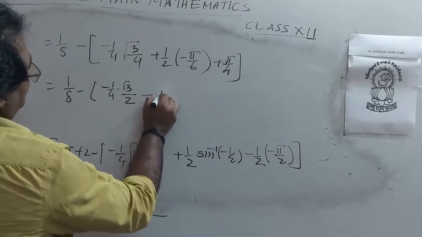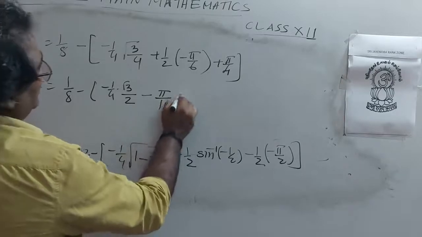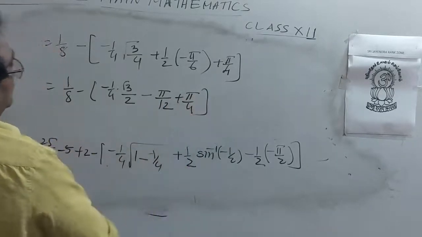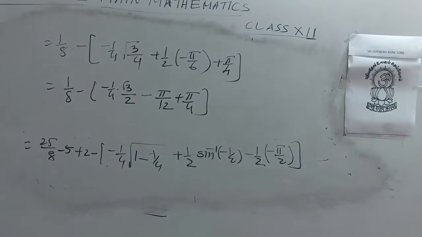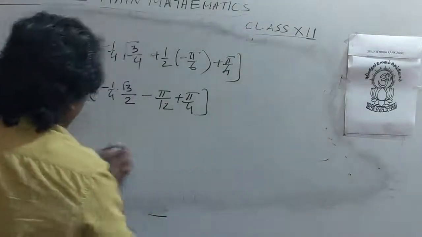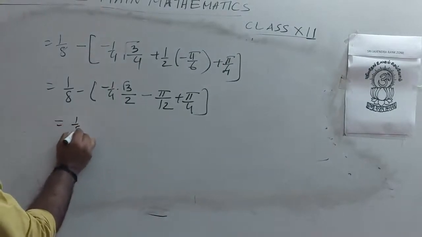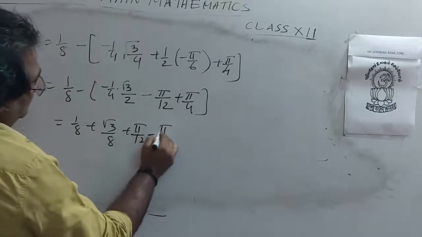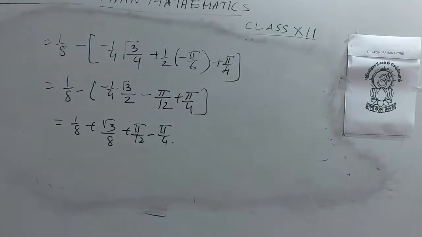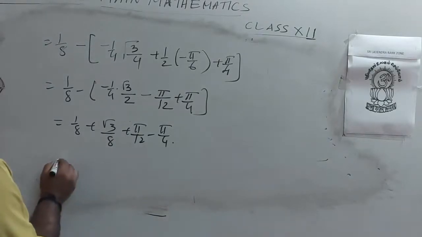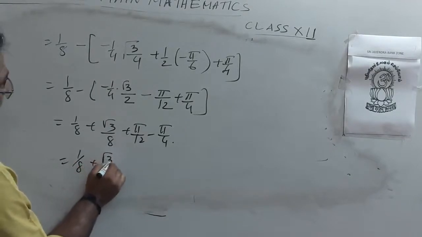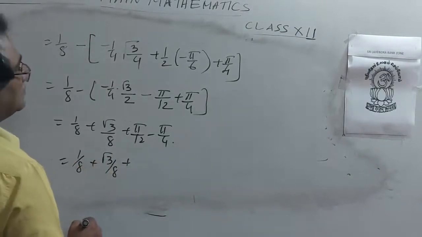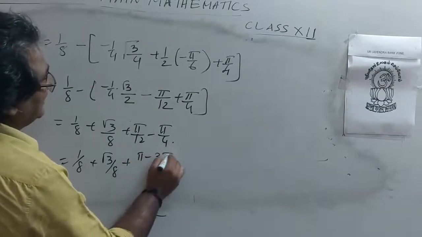Minus pi by 12 plus pi by 4. One by 8 plus pi minus 3 pi by 12.